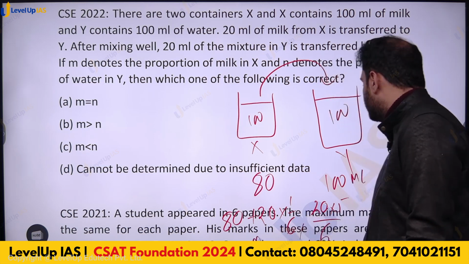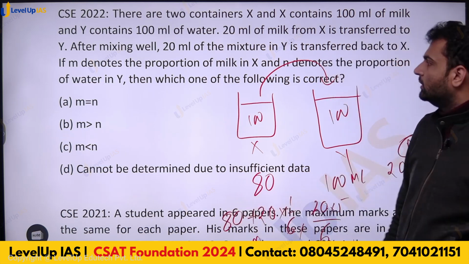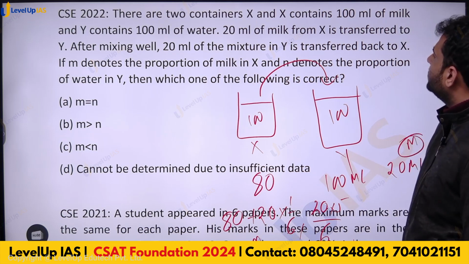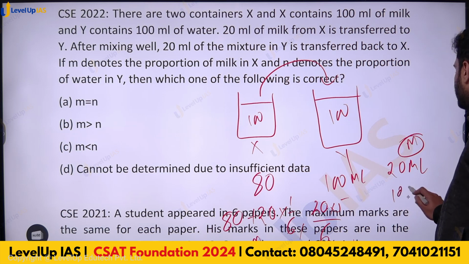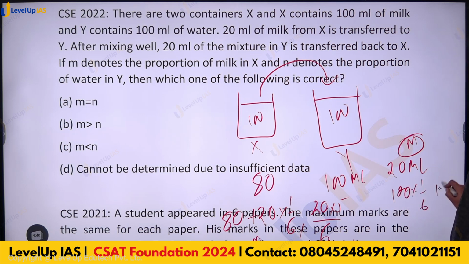This is milk, this is water in this 100 ml mixture. And in Y, again in 100 ml we have 100 into 1/6 as milk, 100 into 5/6 as water.